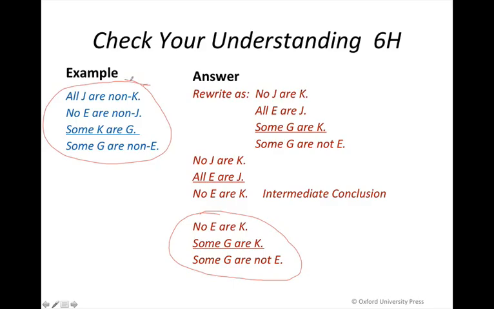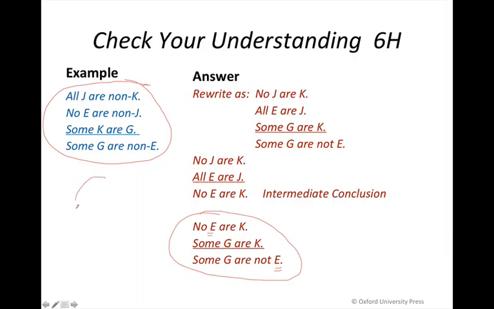There is a term distributed in the conclusion, E. It's also distributed in its corresponding premise. We do not have two negative premises. We have one. We have a negative premise and a negative conclusion. And then lastly, we don't have two universal premises, so rule number 6 is not applicable.